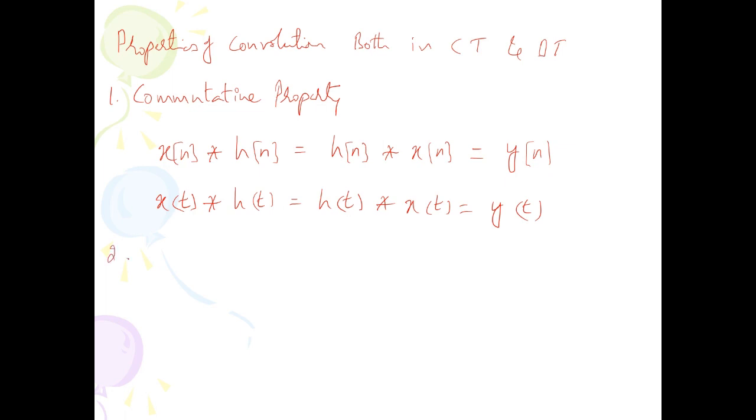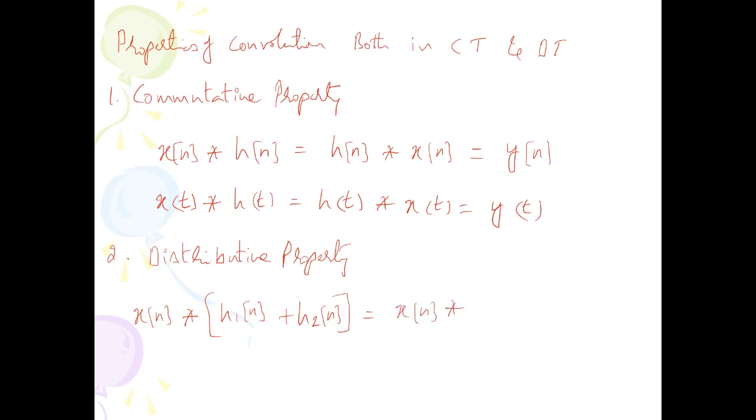And the second property is the distributive property. So x of n convolution with h1 of n plus h2 of n will be equal to x of n convolution with h1 of n plus x of n convolution with h2 of n.